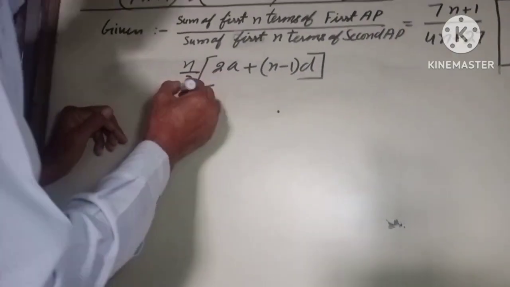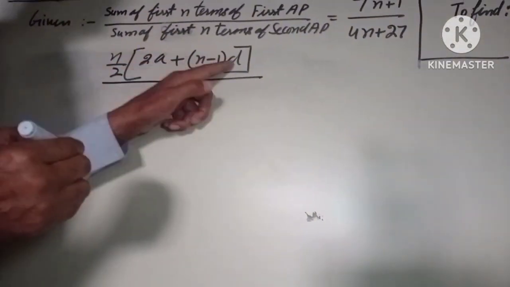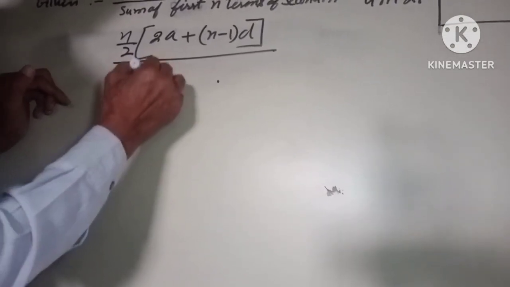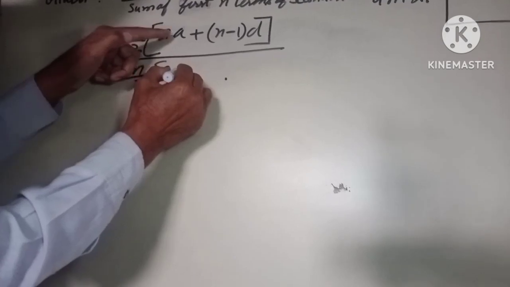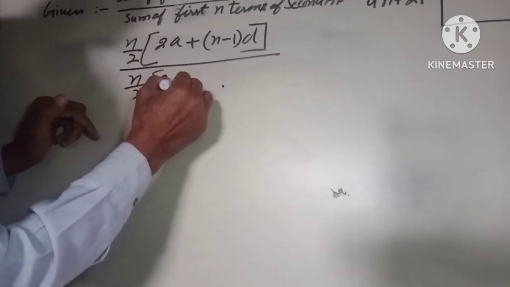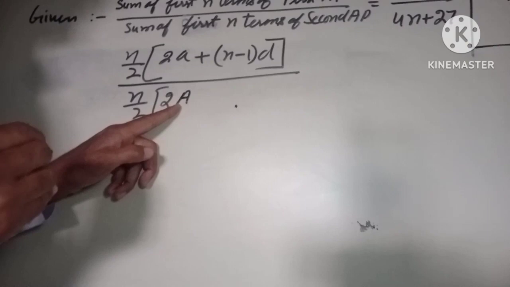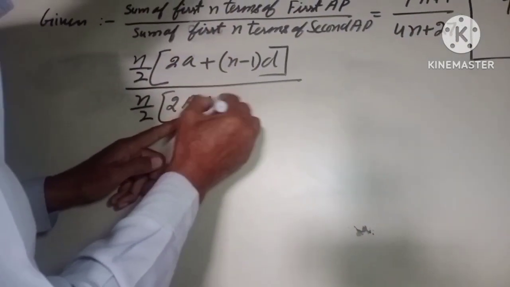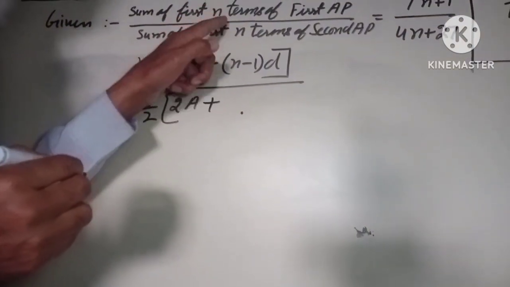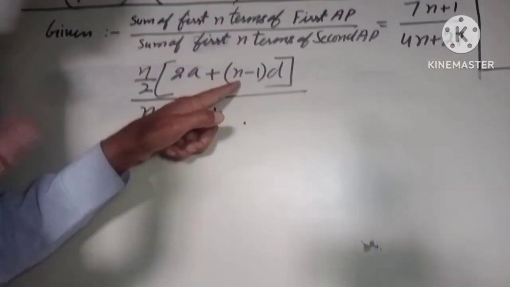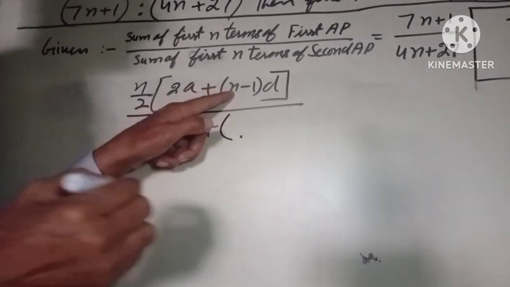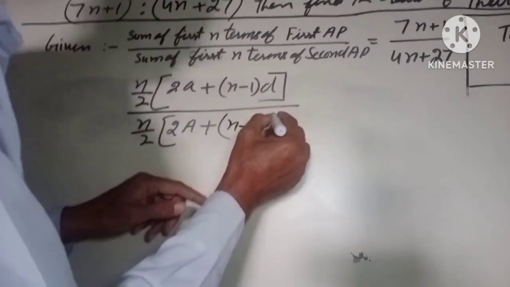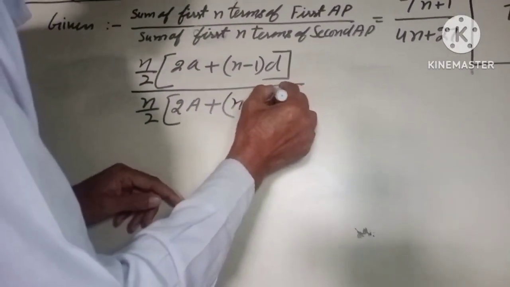Here I am taking small and capital. So for this one I will be writing n upon 2 into 2 capital A. This is the difference, otherwise you will be puzzled later on. And because for both it is n terms, this n goes common for both. Do not change this one, right? This will be n minus 1, and again this you will have to take capital D.